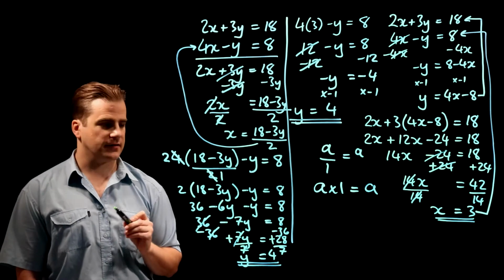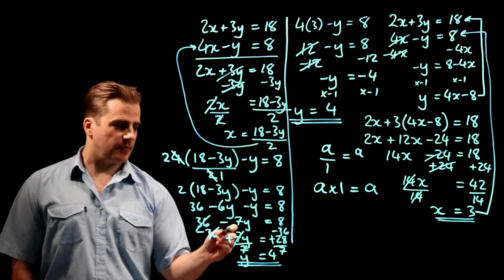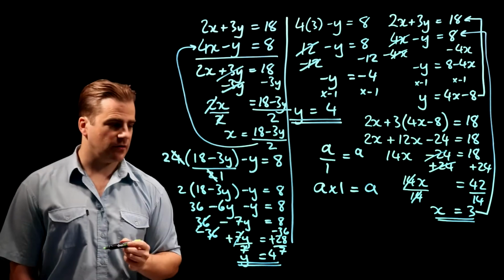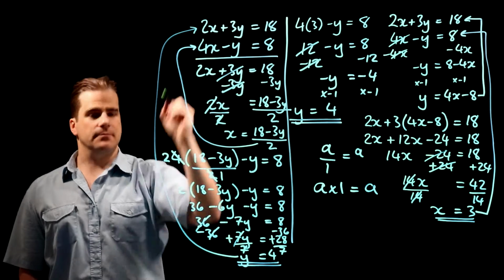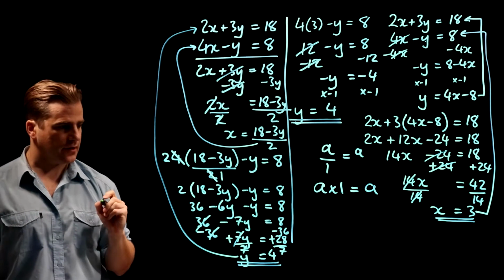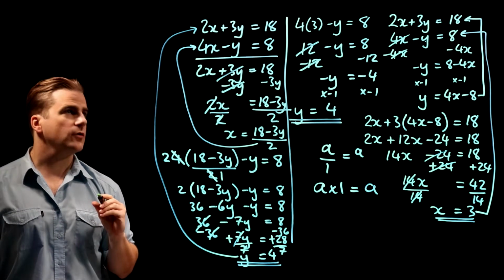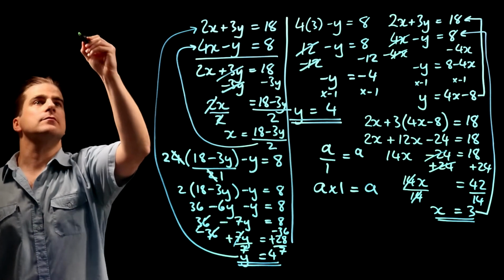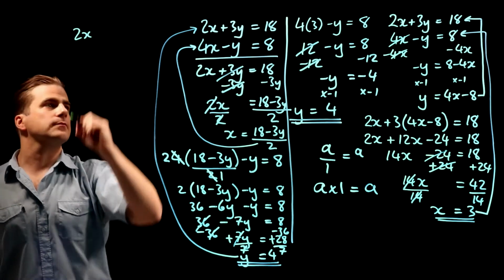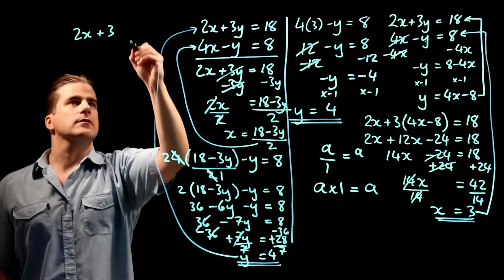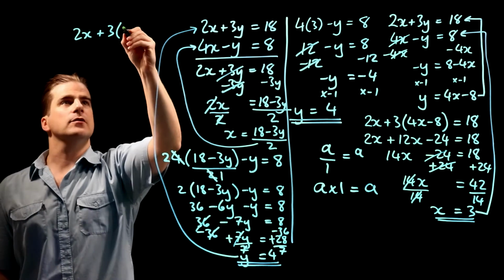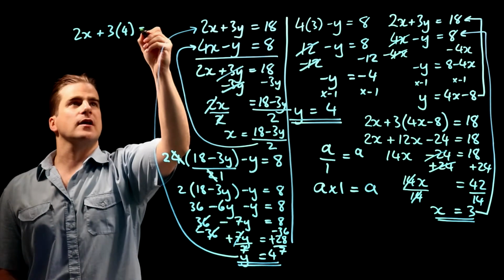Now we've just got to find x. So, sub that back in to either of the original equations, doesn't matter which. Let's put it back in there, and we get 2x plus 3y, y is 4, equals 18.